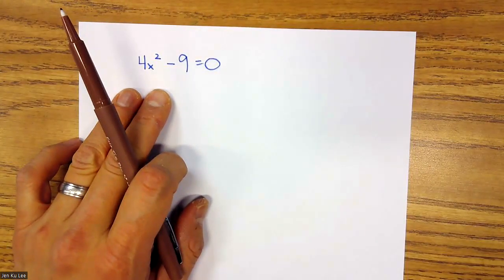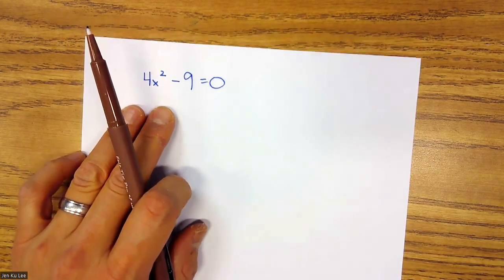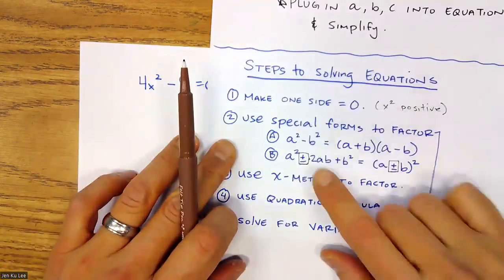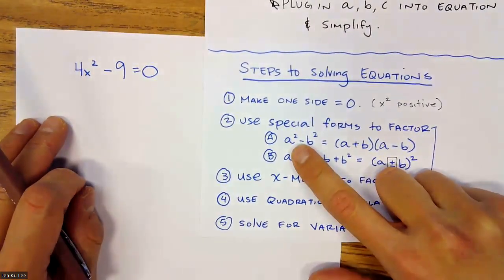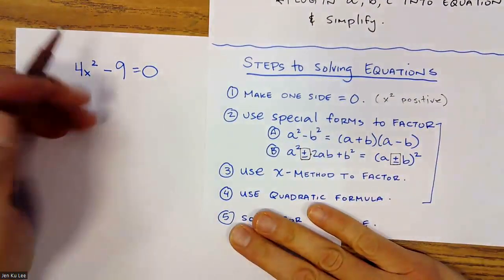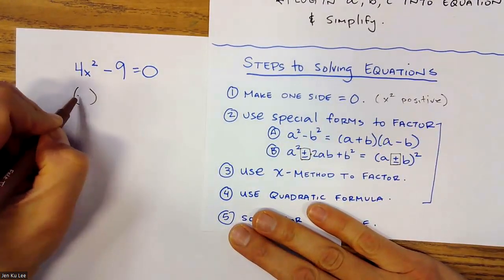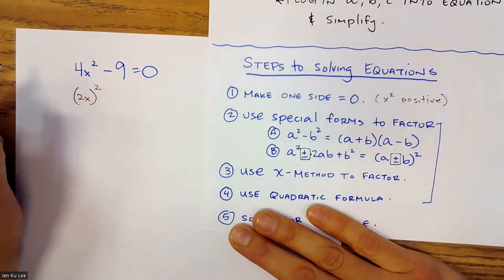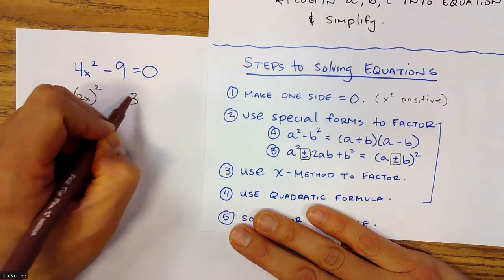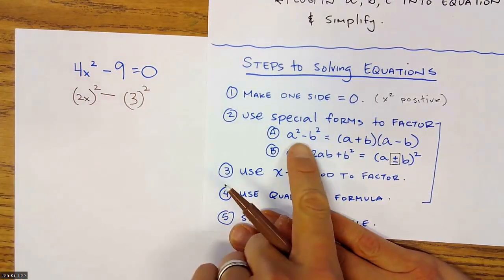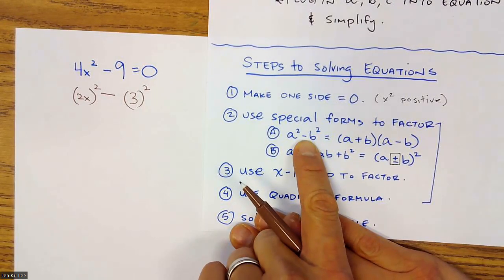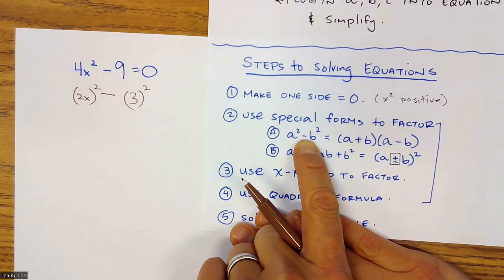It's a difference of squares, right? When I say special form, I mean the first one here, a squared minus b squared. So this is a perfect square. It becomes 2x squared. 9 is a perfect square. It becomes 3 squared. There's a minus sign between them, so I have a squared minus b squared.